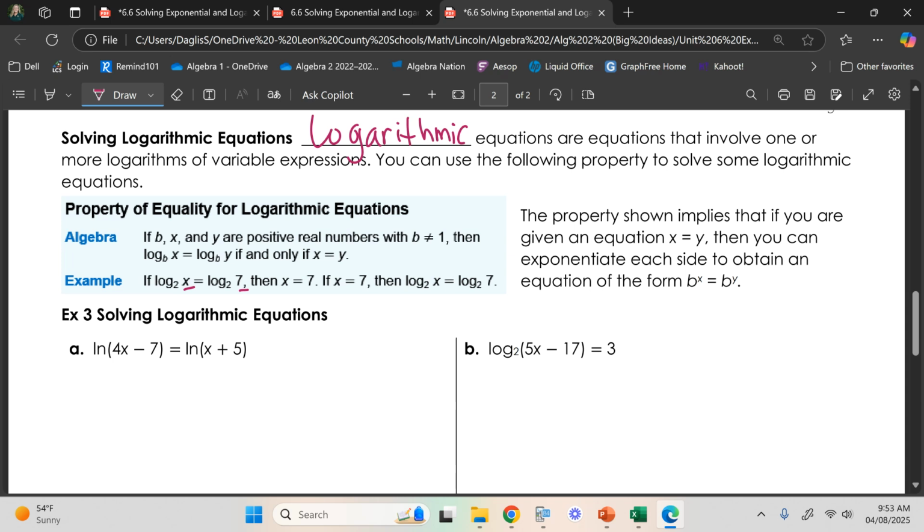Something we need to point out: my variables b, x, and y are positive real numbers. What is something you cannot take a log of? You can't do imaginary, you can't do negative, and you can't do 0.